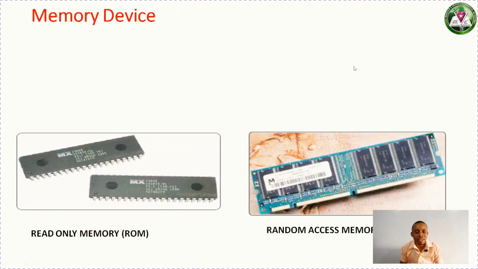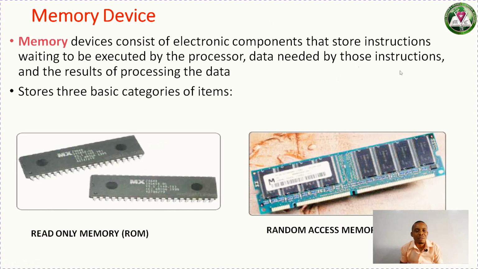Memory devices. We say that memory devices consist of electronic components that store instructions waiting to be executed. Example of a memory device: we have two types. We have the ROM, which stands for read-only memory. We have the RAM, random access memory. And we say that random access memory is volatile in nature.